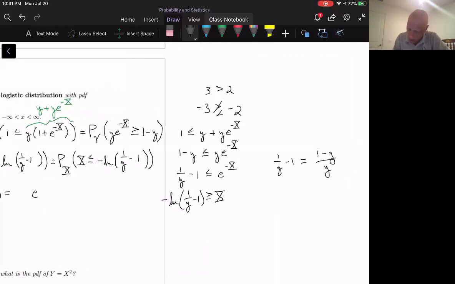And when you write negative the natural log of 1 minus y over y, this is equal to the natural log of the inside to the negative 1 power, which is the same as the reciprocal. So I'm going to write it like that because it gets to simplifying a little bit faster.